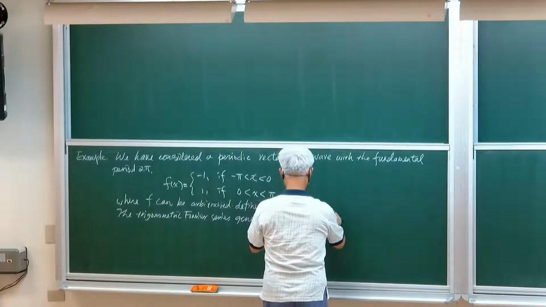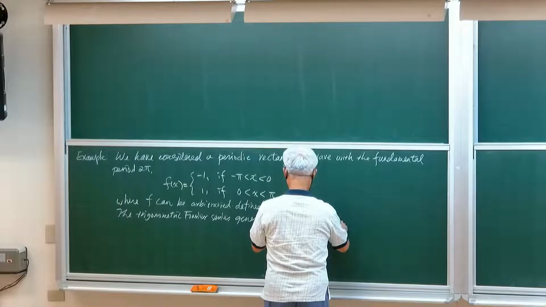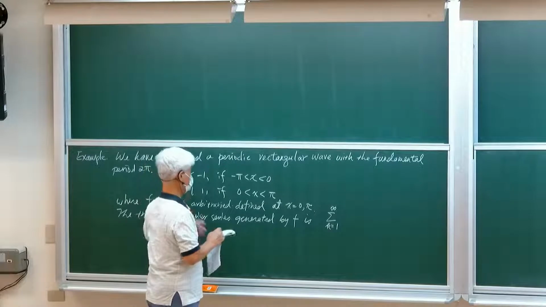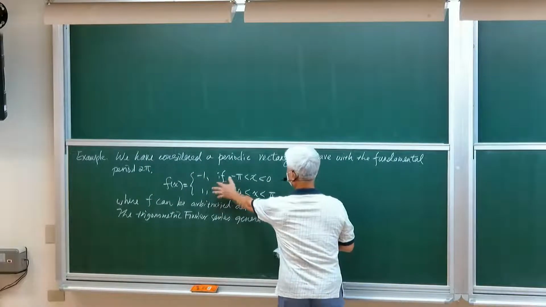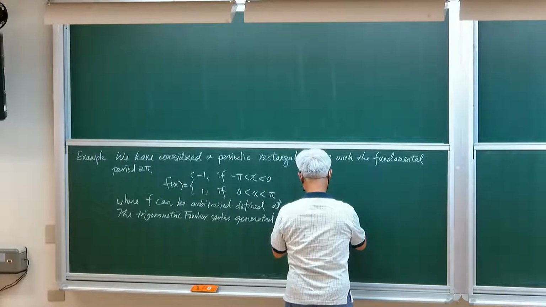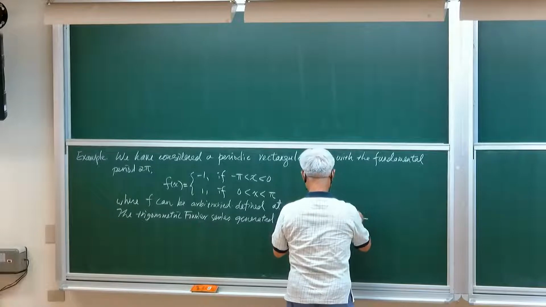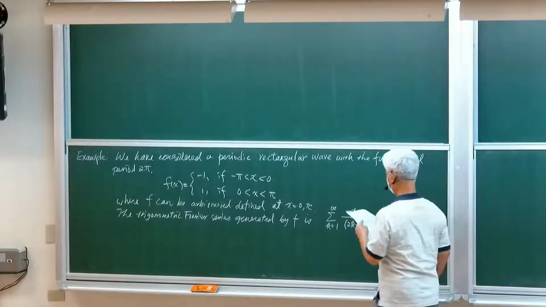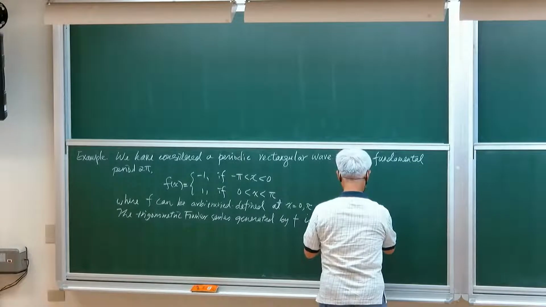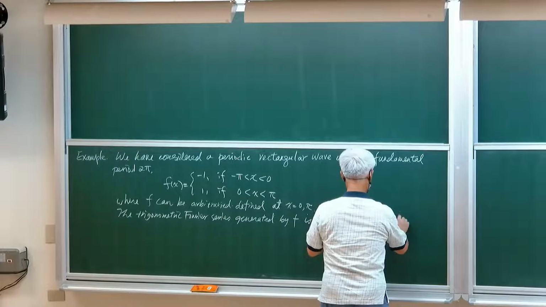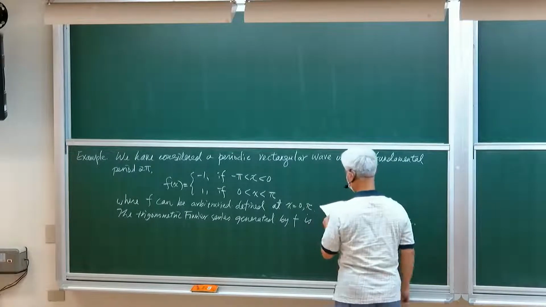Because this is an odd function, the trigonometric Fourier series is a series, a sum of sine functions.